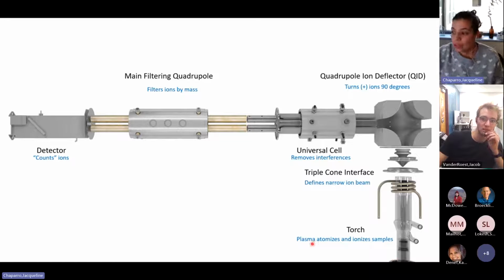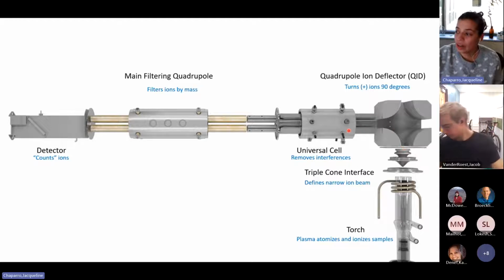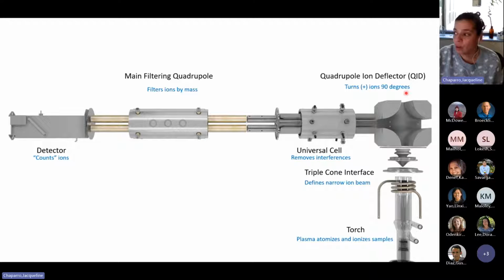So in the torch, that's where the plasma is made, and it atomizes and ionizes the sample. The triple cone interface defines a narrow ion beam. The quadrupole ion deflector, or QID, is able to turn all the positive ions that are created by 90 degrees, and so any photons or neutrals that aren't ionized will go towards the back of the instrument.